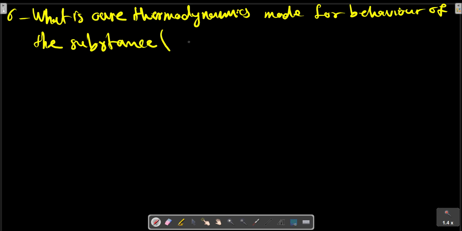Such as, for example, steam tables, ideal gas, or so on.